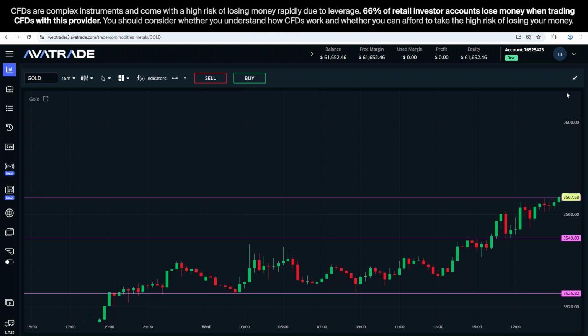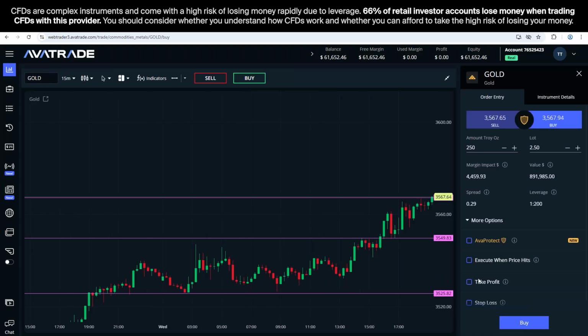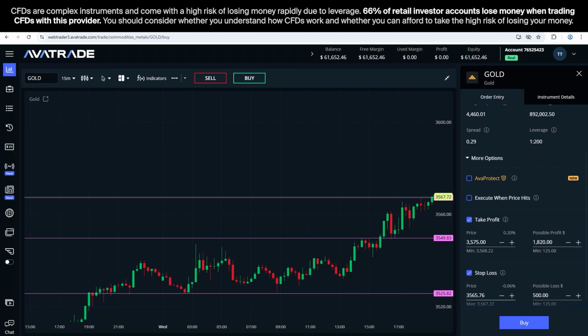If you wanted to try and take a move here to say, okay, it's breaking the resistance, take profit, we can put up maybe 35,75, something like that. Stop loss down here, 35.60, which is just below the wicks on those candles. Would have to start a small downtrend to hit it.